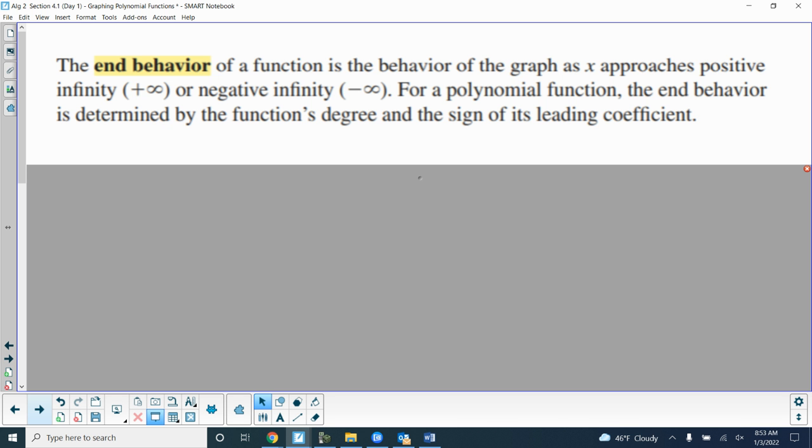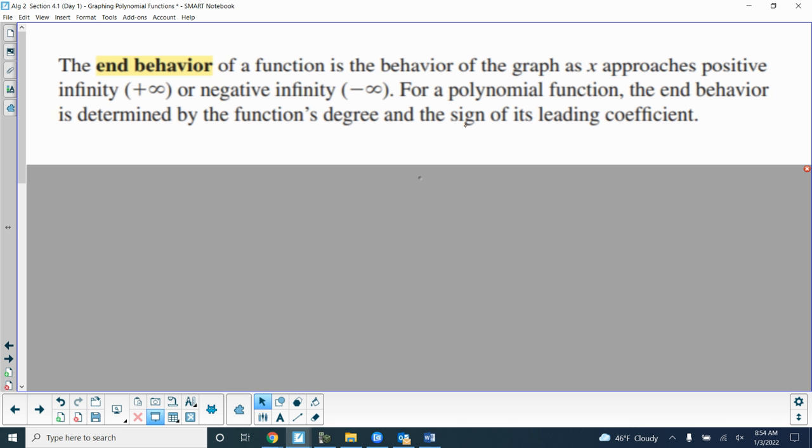So if your leading coefficient is positive, your far right is always going which way? It's positive. Leading coefficient. The far right is always going up. If your leading coefficient is negative, the far right is always going down. So that's what I look at first.